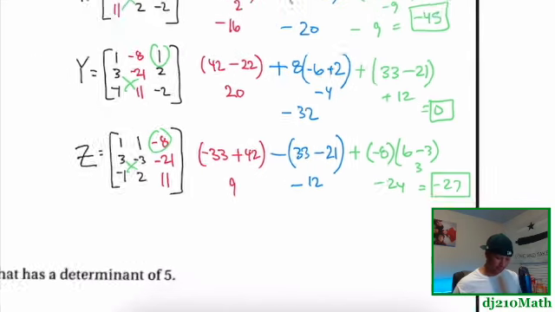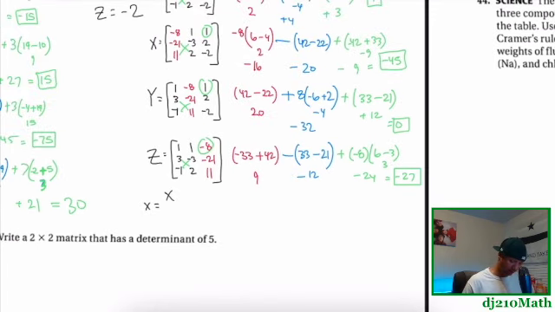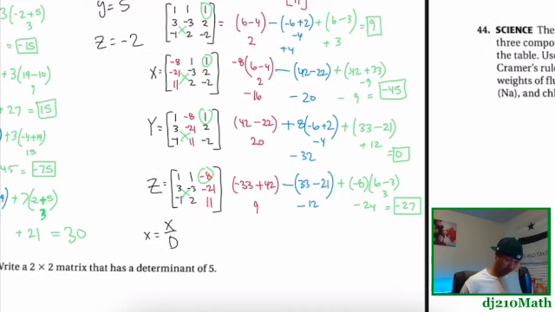Okay. We're there, bro. So let's do little x is equal to capital X over D. In this case, negative 45 over 9, which is, 9 goes into each of those, so negative 5 over 1.